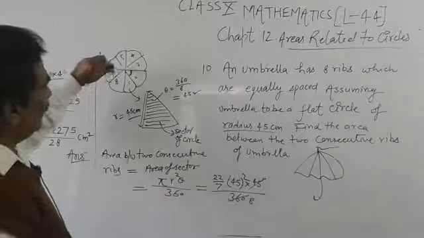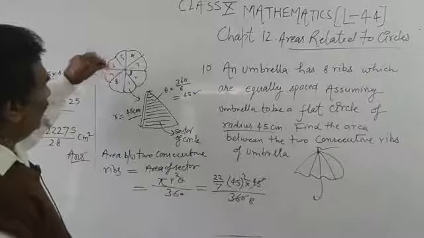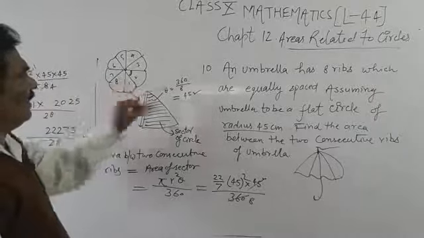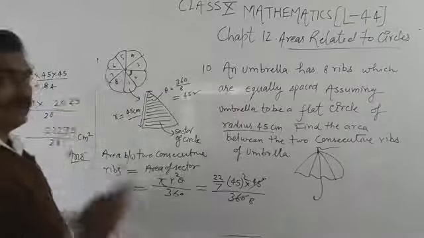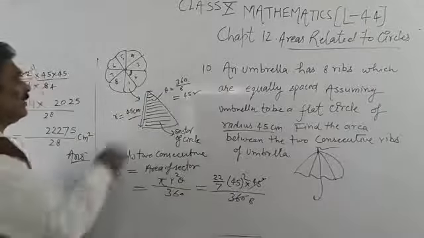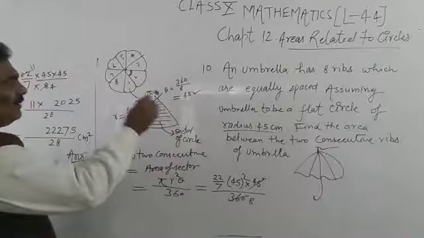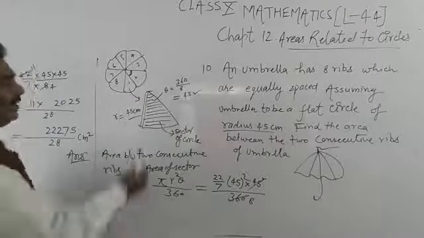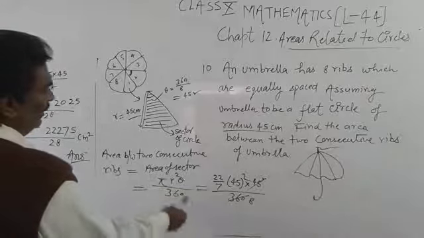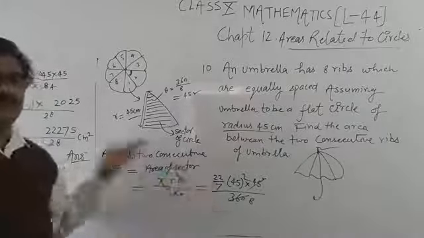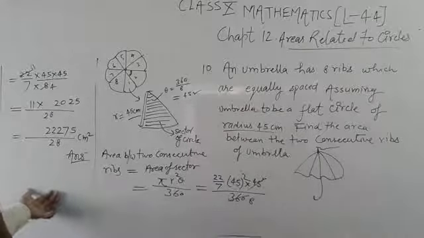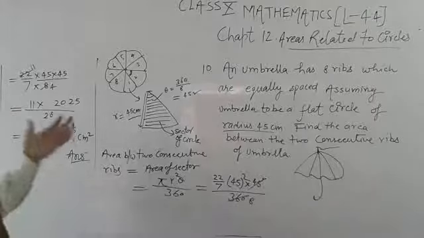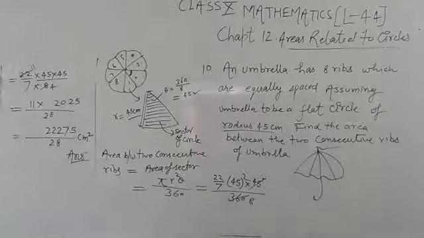So the angle between 2 consecutive ribs is 360 upon 8, because there is a complete angle, and radius is given. So this diagram is like a sector of a circle. So we will use the formula pi r square theta upon 360. After putting the values, we will get the answer, and this is the final answer.